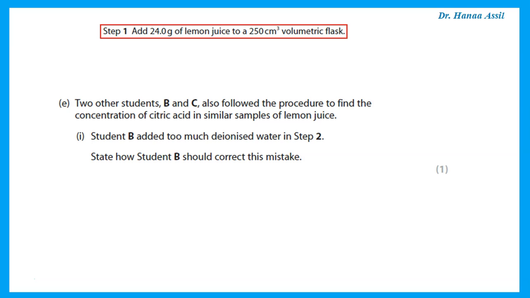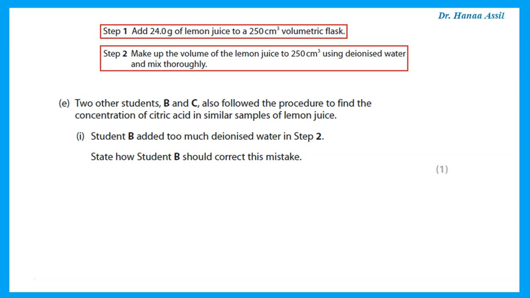Step 1 was the one where we weighed a certain mass of the lemon juice and put it into 250, and in step 2 we make up the volume in the volumetric flask to 250. Remember, we add water up to the mark in the volumetric flask. That's how we should make up the solution.